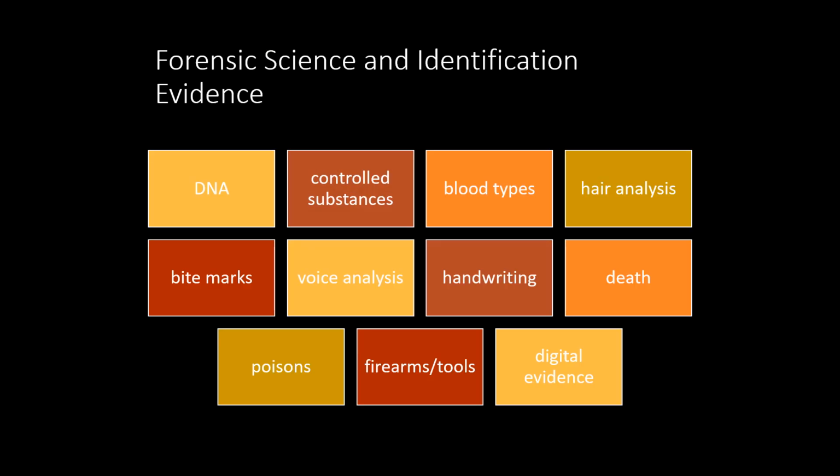So here are some of the things that can help us identify people. DNA evidence, kind of self-explanatory. This is something, either identify people or identify things. Controlled substances, blood types, hair analysis, bite marks, voice analysis, handwriting, death, poisons, firearms or tools, and digital evidence.